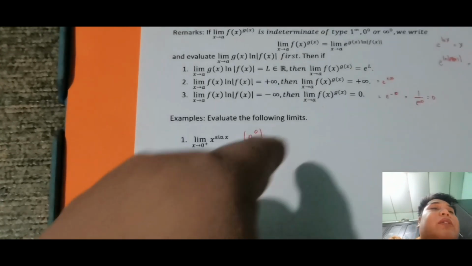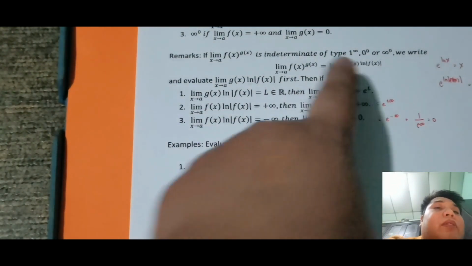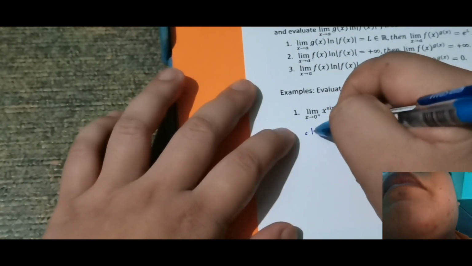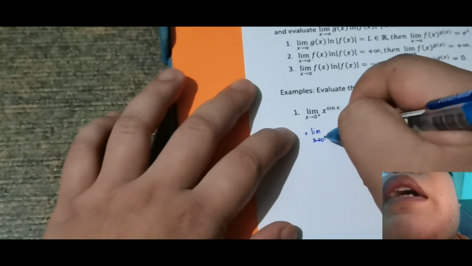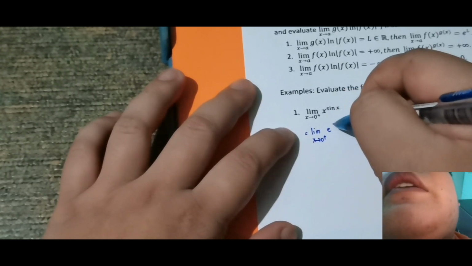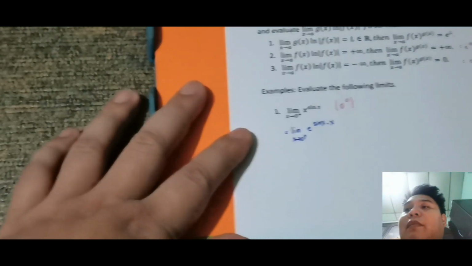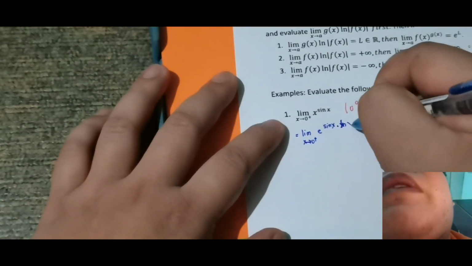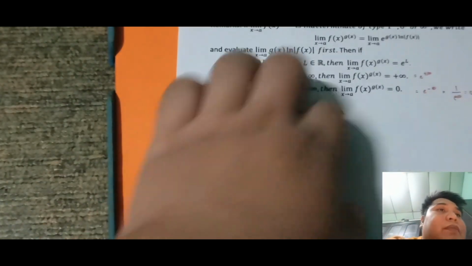Okay, so let's use yung method niya. So anong gagawin? Pag ganyan daw yung form, gamitin natin to. So anong gagawin natin guys dito? So this is just equals a limit as x approaches 0 from the right ng e raised to sin x times ln of x, kasi yun yung rule eh.